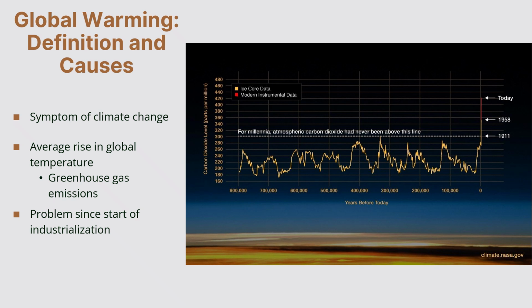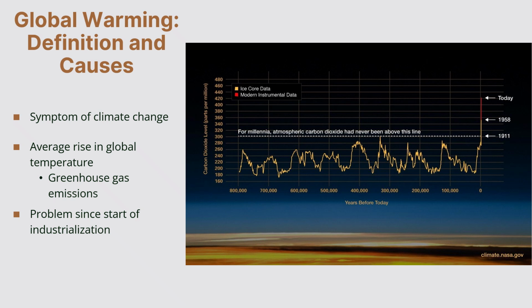Carbon dioxide, methane, and nitrous oxide are a few examples. These molecules are generated in mass amounts by human activities, especially through the burning of fossil fuels. Issues like these began during industrialization. In short, as they build up, more and more heat becomes trapped and the Earth continues to become warmer and warmer.